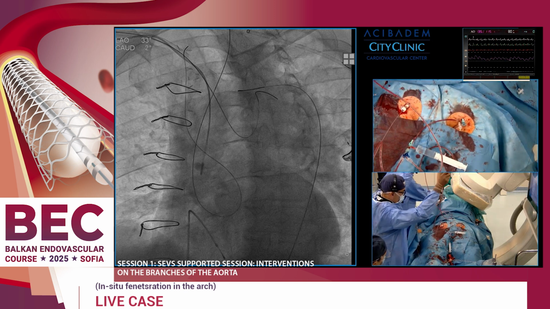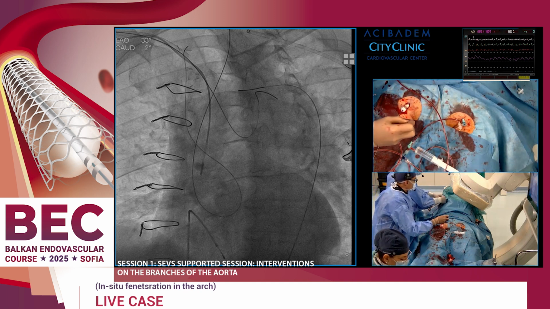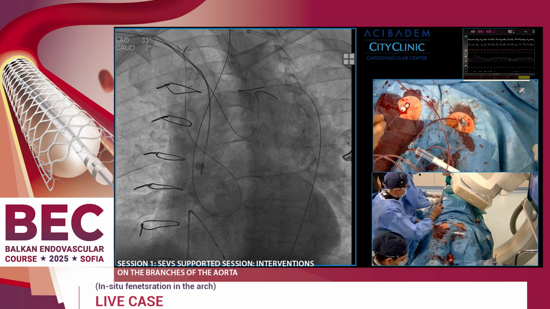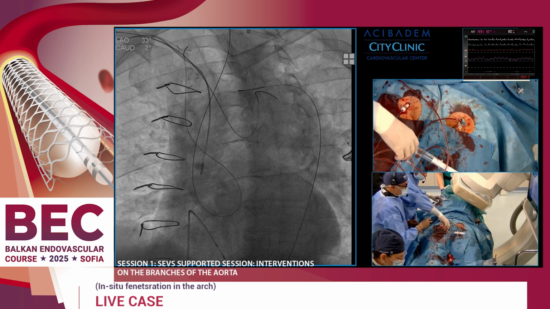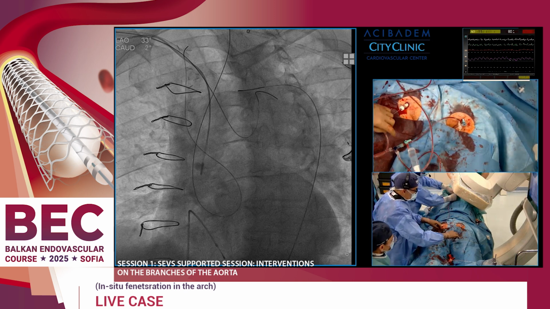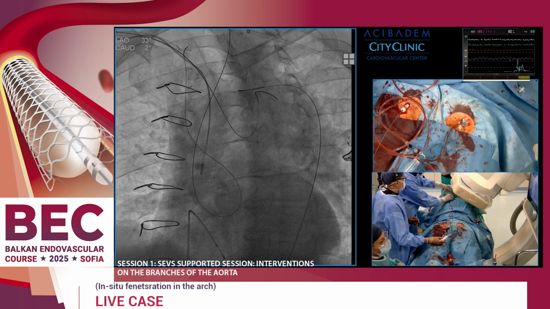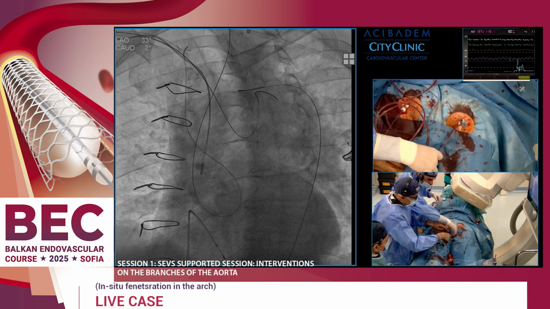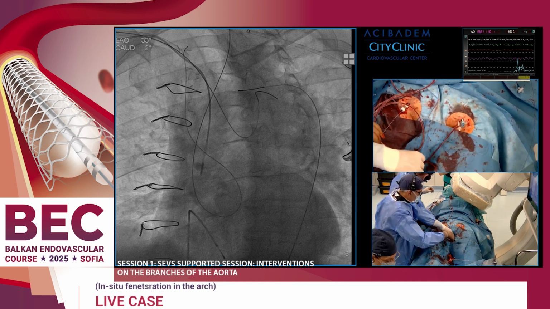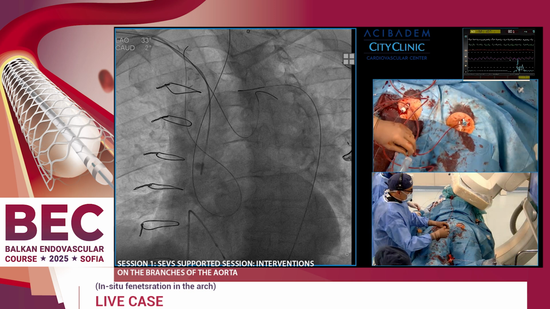So now you will achieve bilateral selective brain perfusion, exactly like in surgery when we do reconstruction of the arch. We have measured many times the pressure that we are providing into the left carotid and the axillary artery, and it's around 70% of the systemic.